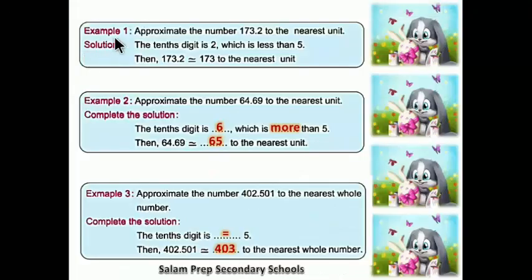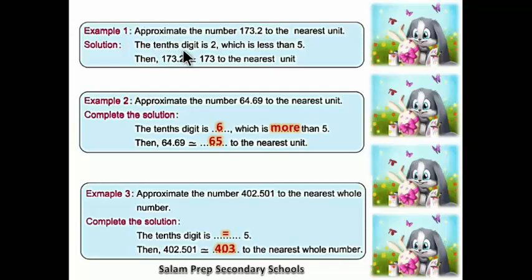Example 1. Approximate the number 173.2 to the nearest unit. Nearest unit means please go to units place. Okay? Please look at units digit. Before units place is tenths place in decimal part.